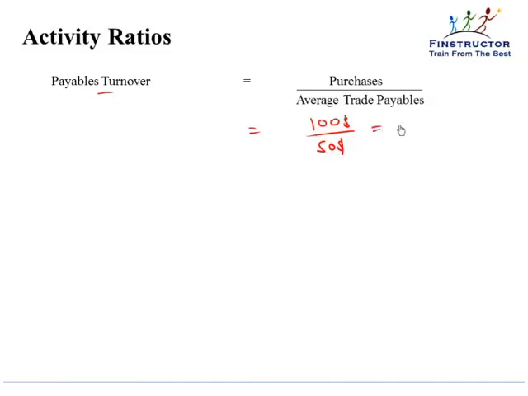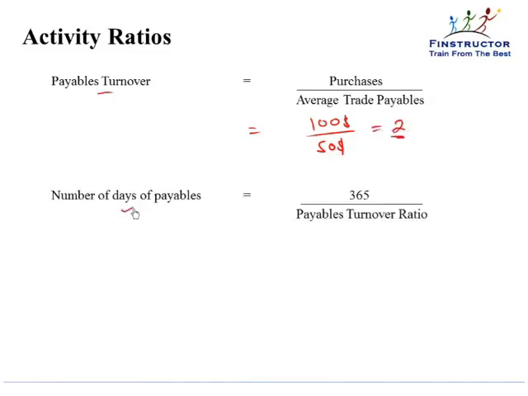So the payables turnover ratio in this case would be 2. And we can calculate the days of payables as 365 upon the payables turnover ratio. That will be 365 upon 2, which is again about 6 months. So like the other ratios, this ratio implies that on an average, we are paying our suppliers after a period of 6 months.